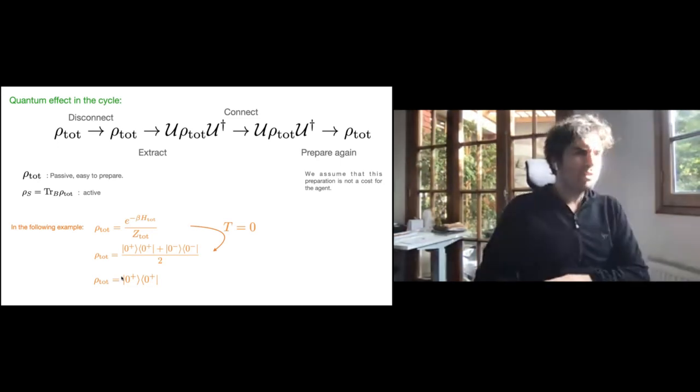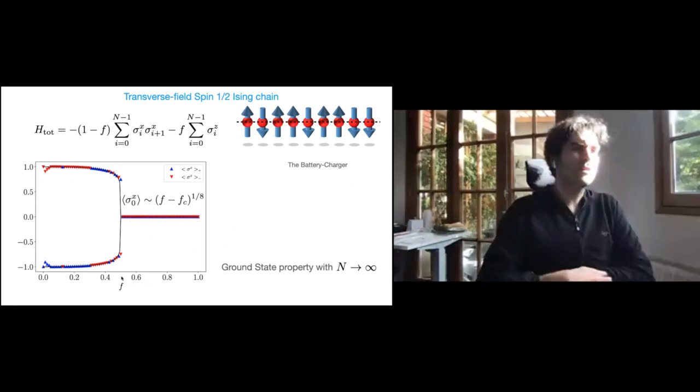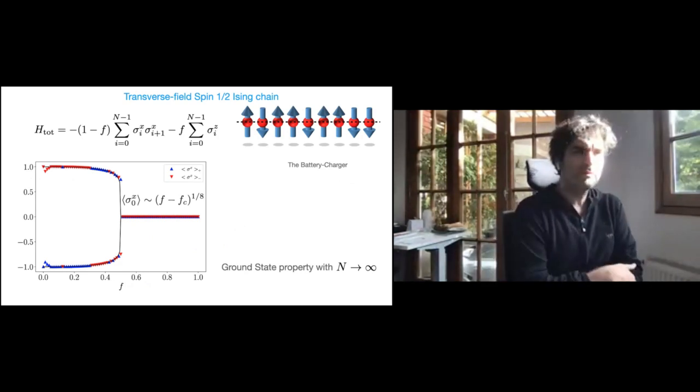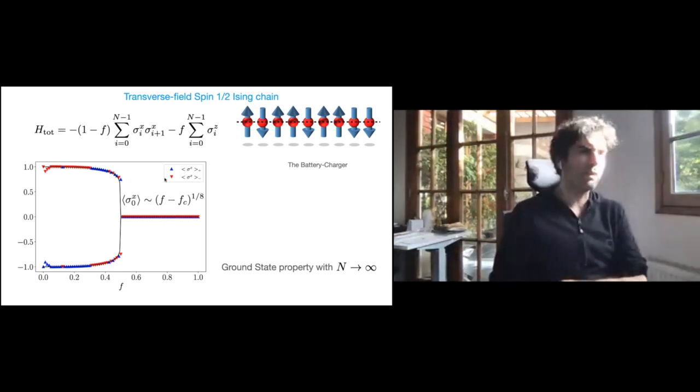Okay, so the example is the transverse-field Ising chain. So it's a chain of spin 1/2 with this Hamiltonian. So this is the Hamiltonian for the battery and the charger. So it's the total Hamiltonian.